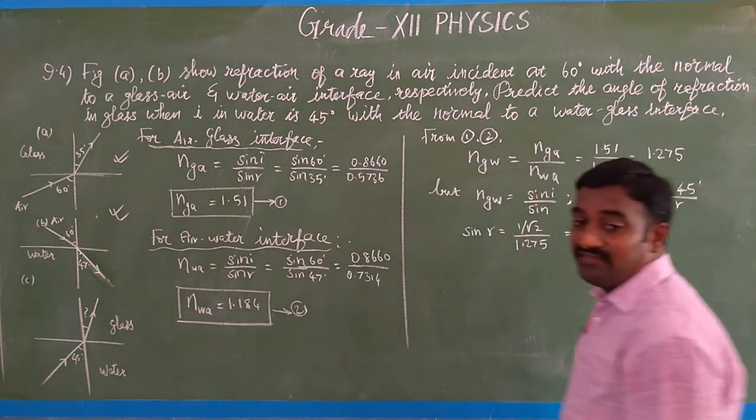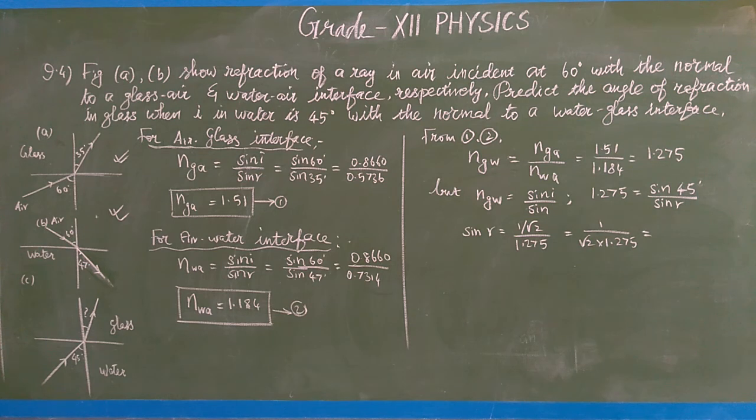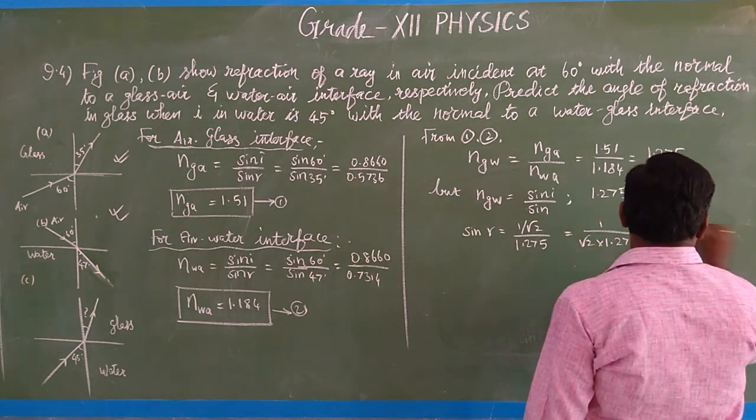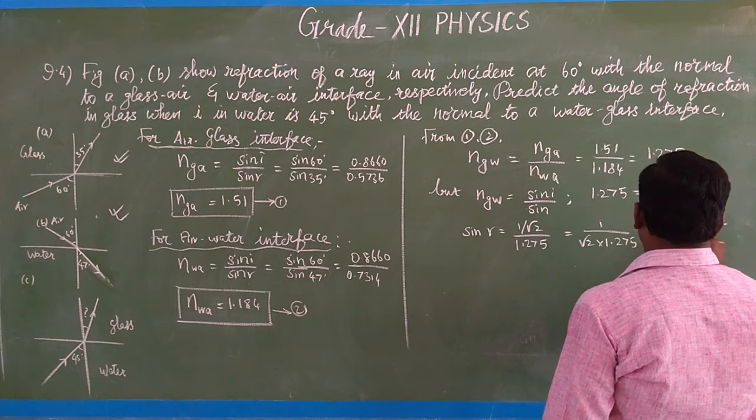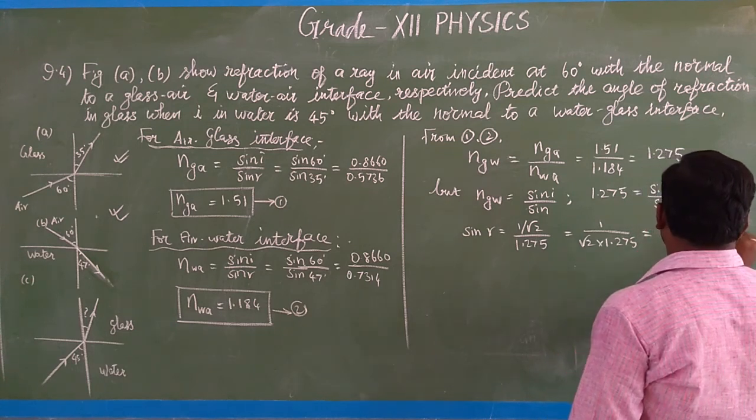The value of root 2 we already found. What is the value of root 2? It is equal to 1.414. So 1 divided by 1.414 into 1.275.